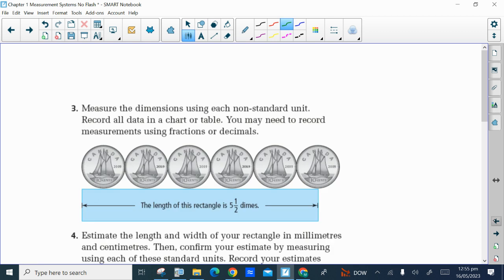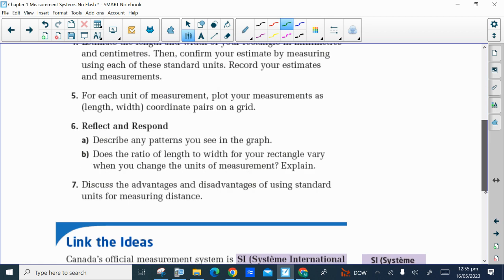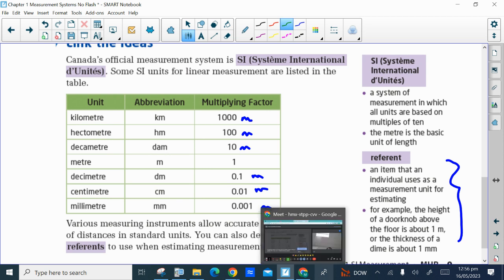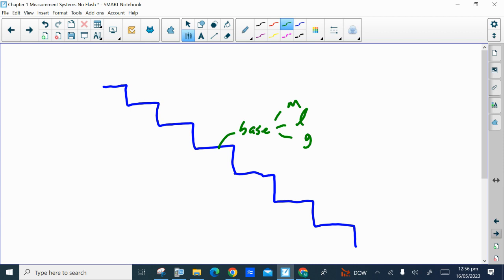And if we look back a couple pages, that's what those units are. You're going to have kilometers, you're going to have hectometers, and you're going to have decameters. So you see the abbreviation: KM for kilometers, HM for hectometers, DAM for decameters. So let's put those on our metric staircase.